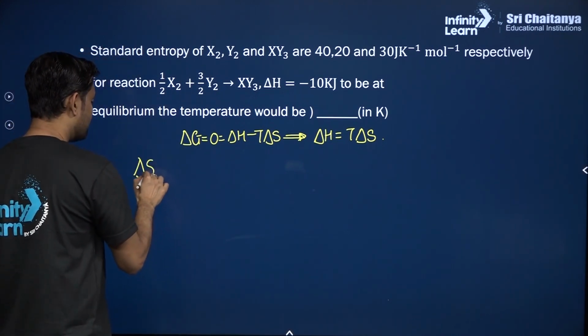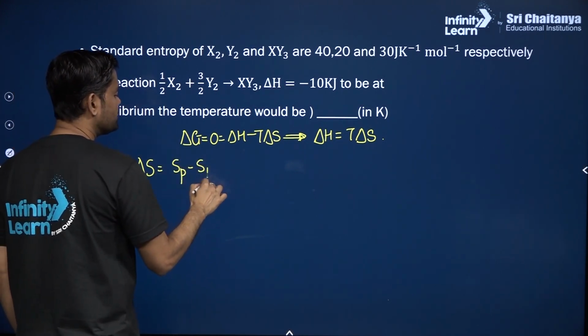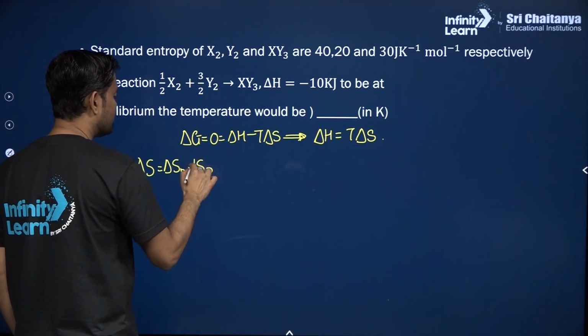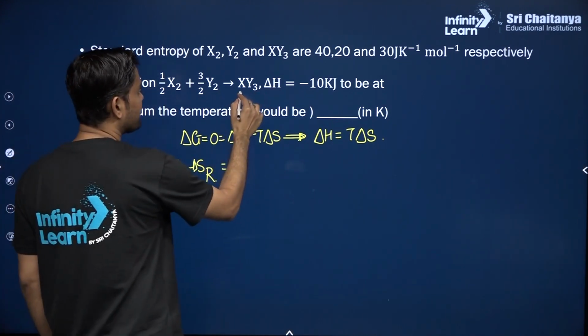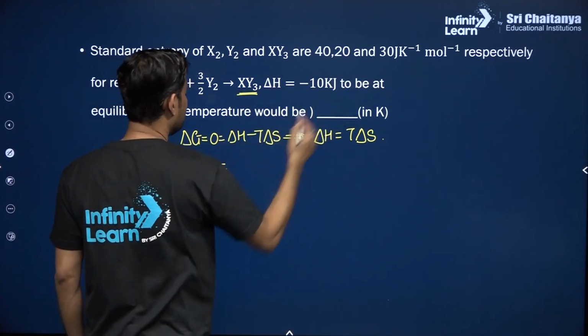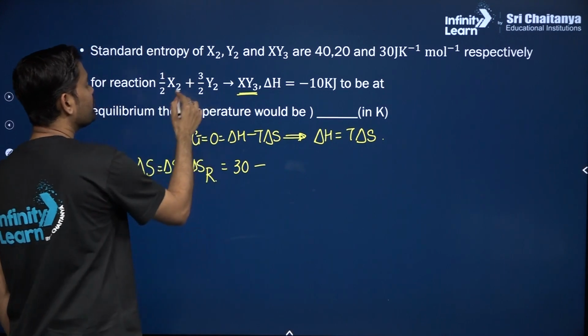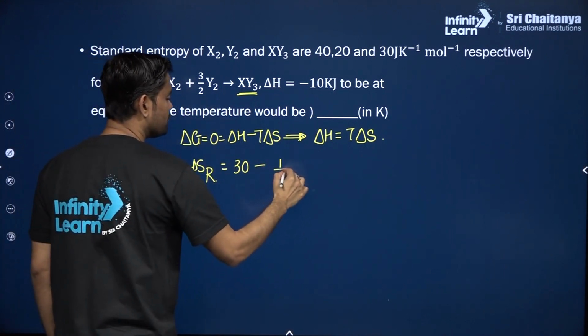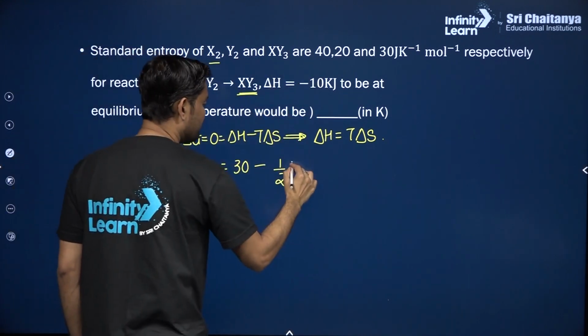Delta S is the entropy of product minus the entropy of reactant. What is the entropy of product? It is XY3, and that is 30. So it is 30 minus the entropy of reactant, that is half stoichiometry of X2, and X2 is 40.